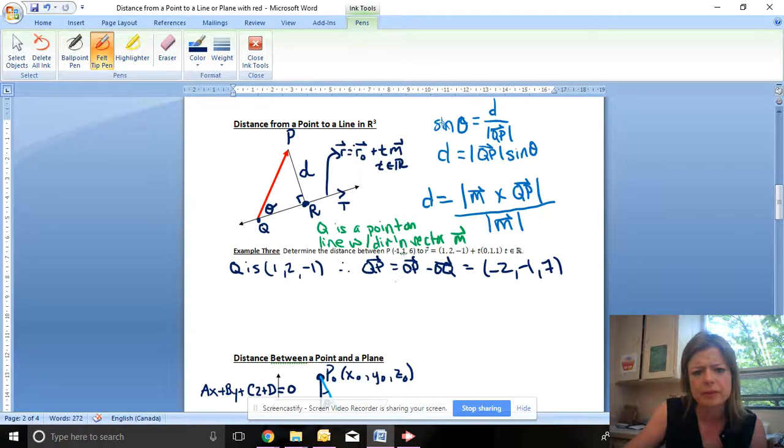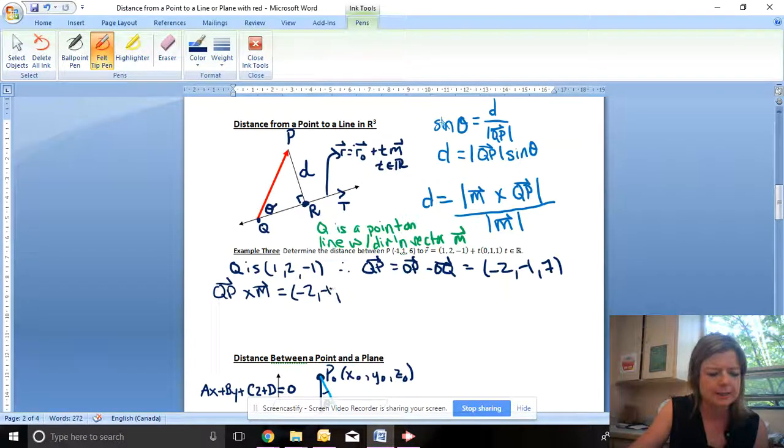You do all of the P minus the Q, like -1 minus 1 is -2, etc. Then you can find the cross product of QP crossed with M. In that case, it'd be (-2, -1, 7) crossed with the direction vector (0, 1, 1). When you do that, you get (8, -2, 2).